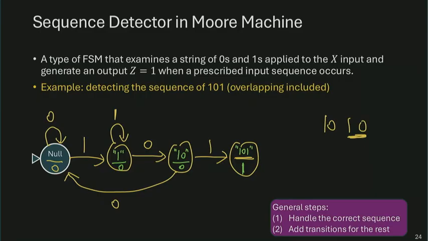So if I see another 0 from the 1, 0, 1 state, I need to remember that I've seen a 1, 0 within the 2 most recent bits. So I'll come back to the 1, 0 state on the input of 0. And finally, if I see a 1, so 1, 0, 1 followed by another 1, well, this could only be the first bit of the next sequence. So I come back to the 1 state.